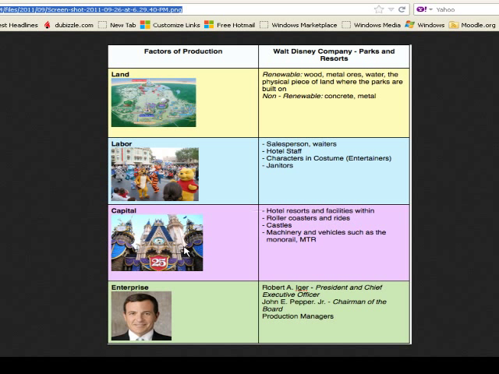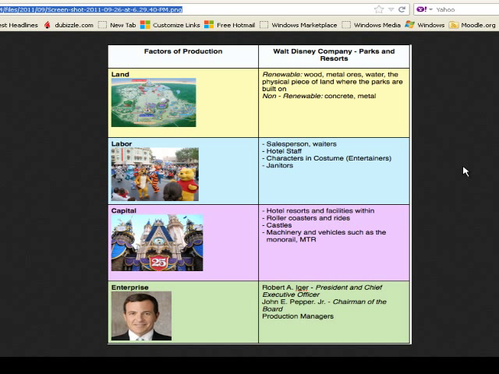Then by capital, in the case of the Walt Disney Company, we mean hotels, resorts and facilities within, then roller coasters and rides, castles, machinery and vehicles such as the monorail and MTR. Then the fourth category, which is enterprise, represents the president and chief executive officer.